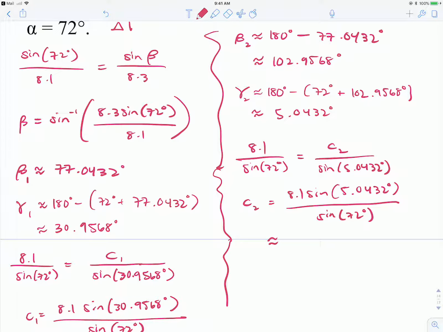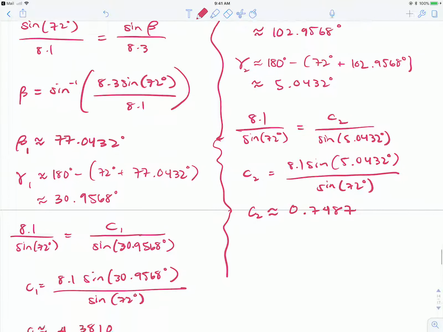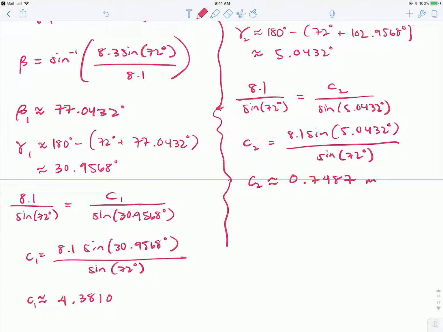You guys will have to let me know if you find an error. So 0.7487. Oh, and our sides are in meters.